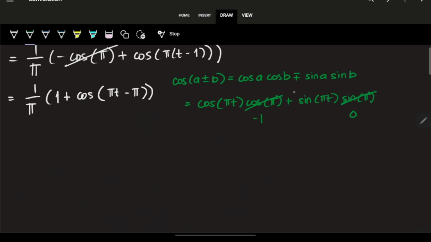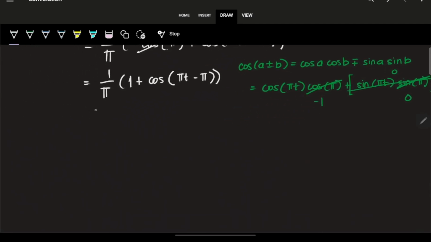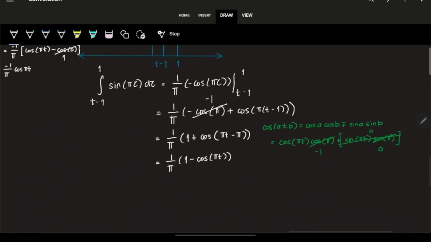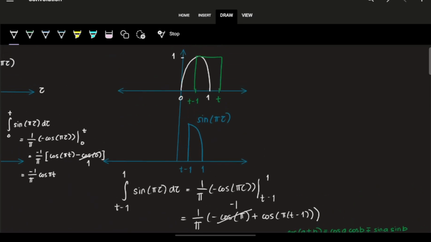Meaning this entire term is just equal to 0. Then we have negative 1. So therefore, what is our answer? We have 1 over pi, 1 minus cosine of pi t. Yan. Okay, so this is the value of the function when t is greater than 1.